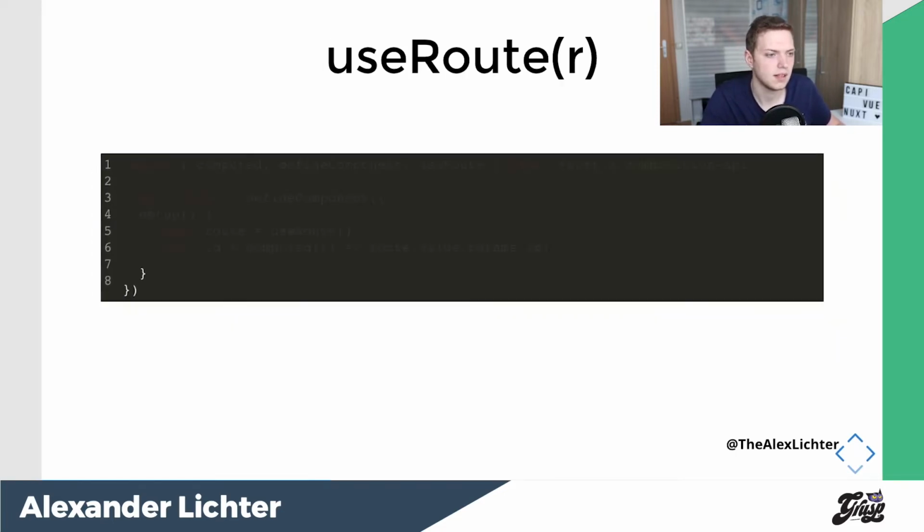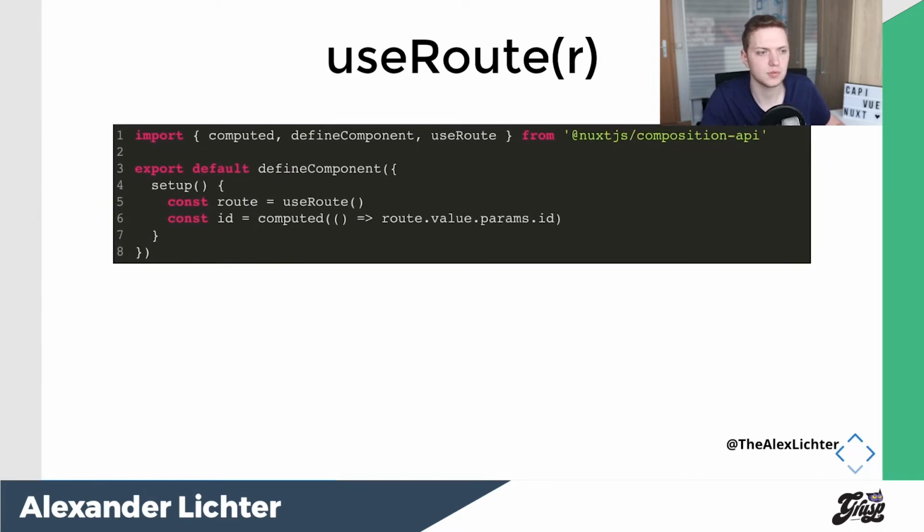And the first two composables are useRoute and useRouter. That's mostly similar to the Vue Router composables, besides that in this case they return refs and not reactives. So we have to use route.value and not just route due to reactivity. But it's very closely aligned to how the whole Vue Router composables work.